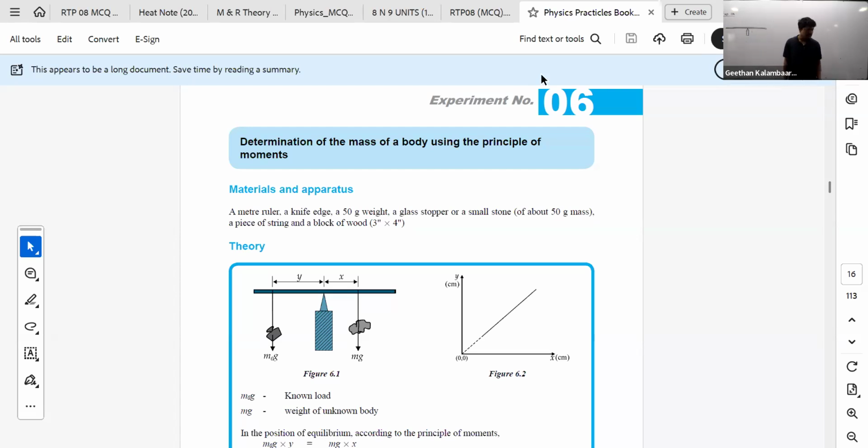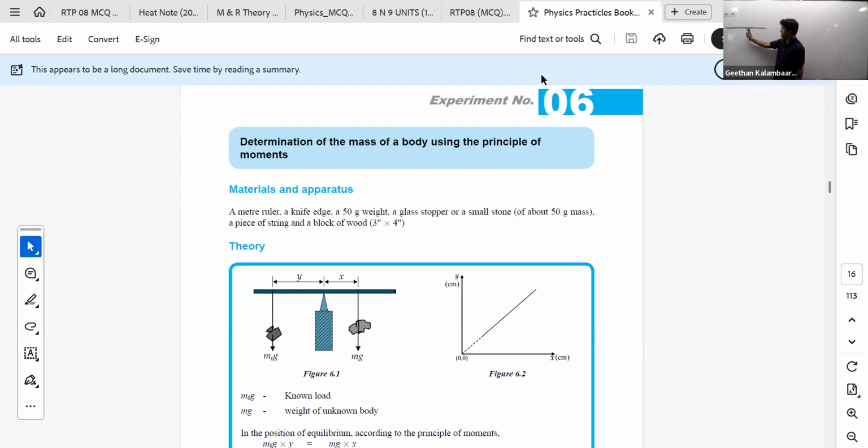You can try it yourselves. Take your ruler and balance it on top of another ruler. You can do that easily. That is exactly what you are going to do here.